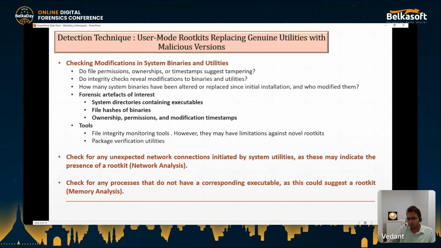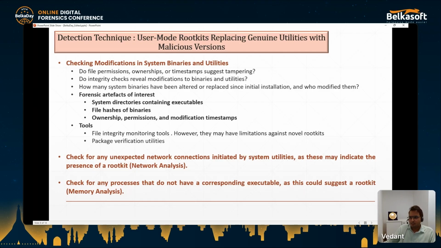There are tools like file integrity monitoring tools or package verification utilities, but again, these utilities have limitations, and you have to ask the right questions and manually see whether any modifications were made during the time duration of the malicious activities.